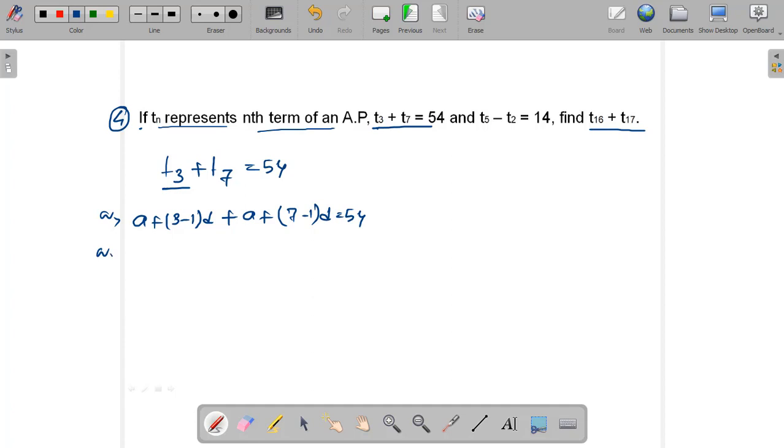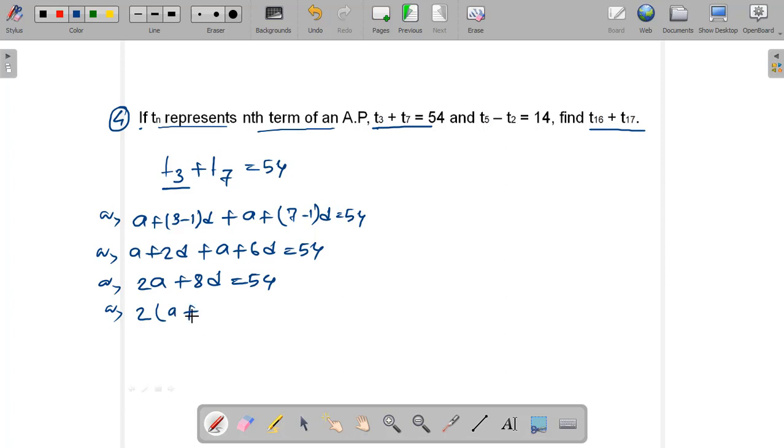So a plus 2d plus a plus 6d is equal to 54, or 2a plus 8d equal to 54, or we take common 2 from the left hand side, 2 into a plus 4d equal to 54. 54 is also divisible by 2. 2 27s are 54.